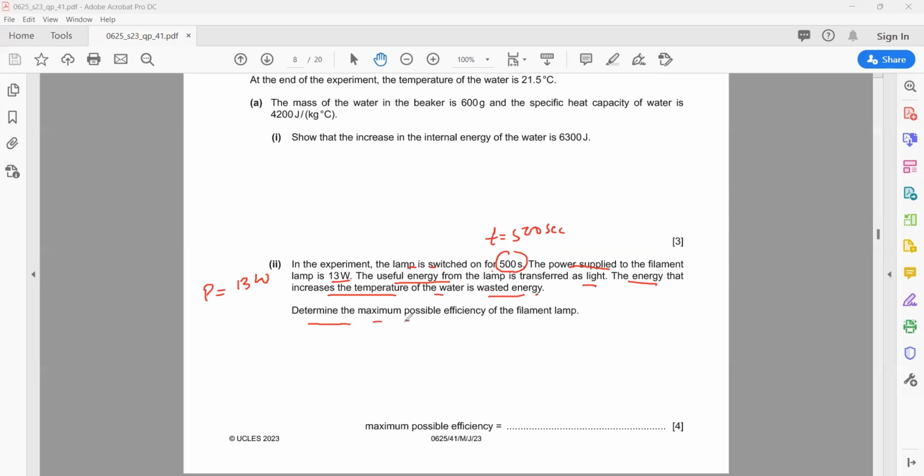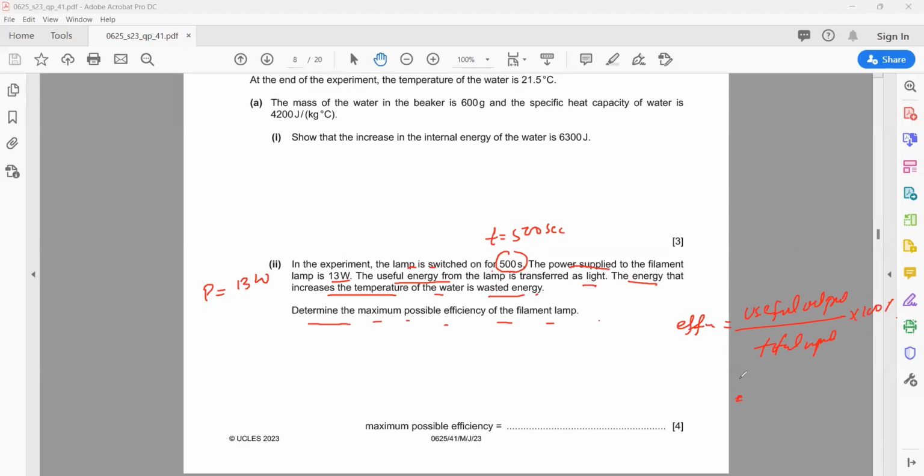Determine the maximum possible efficiency of the lamp. If you see the efficiency of the lamp, what is the formula for efficiency? Efficiency is useful output divided by total input multiplied by 100%.